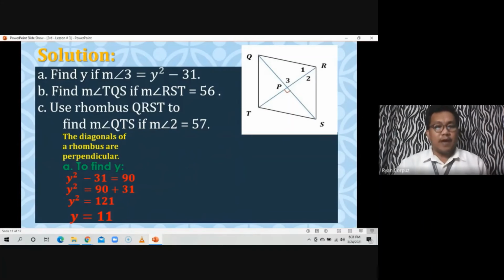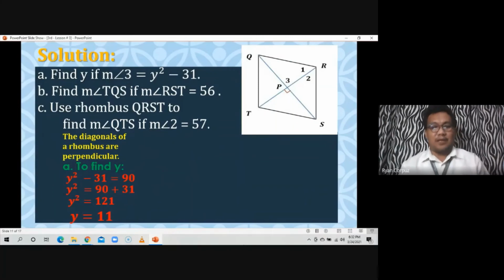Now let's answer letter B. Letter B says to find the measure of angle TQS. The angle we are looking for is this angle, TQS. If the measure of angle RST, the whole angle here, measures 56 degrees, what is the measure of angle TQS?